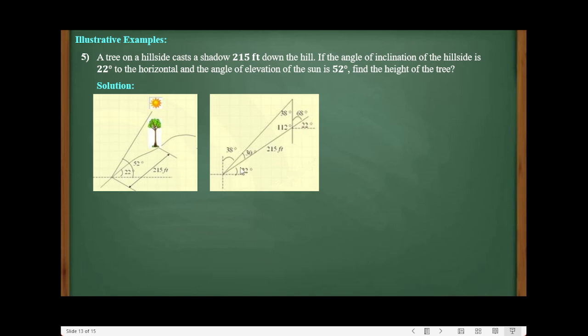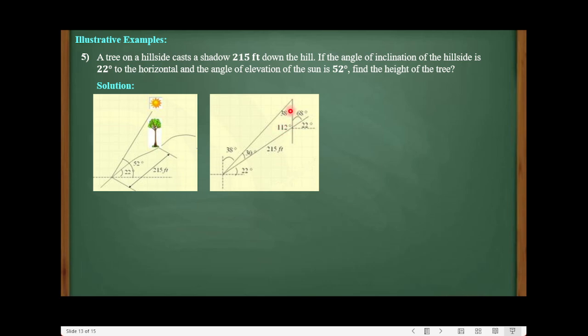Okay? So if we're going to project this is 90 degrees, and we know that an angle here is also 22. So 90 plus 22, that is 112 degrees.